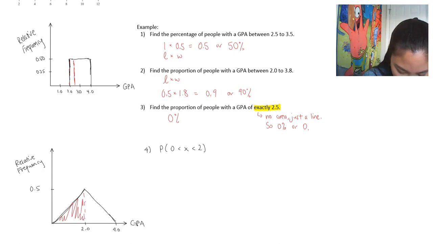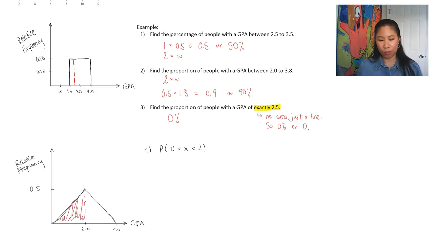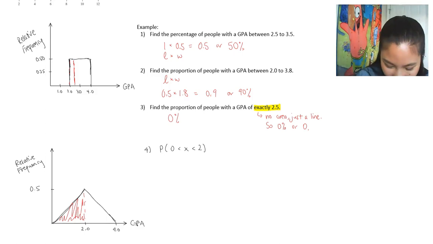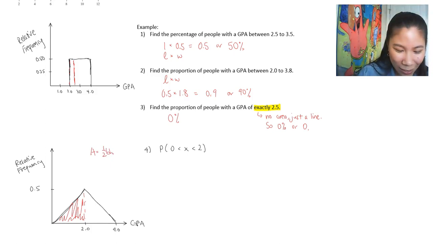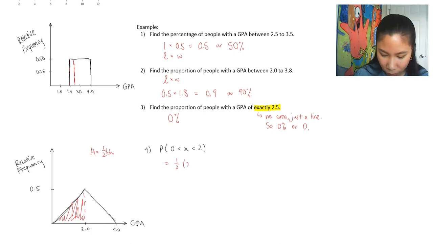There's my shading. Okay, so triangle shape, which means we need the area of a triangle. Hopefully you remember area of a triangle is 1/2 base times height. Using that, the base of our red triangle is going to be 2, because we're going from 0 to 2.